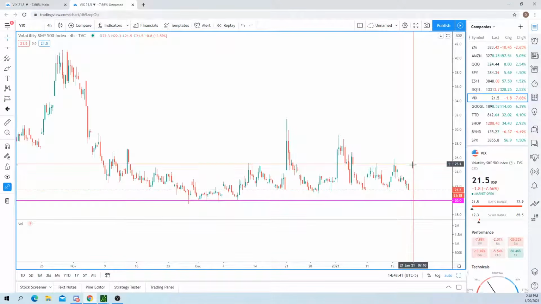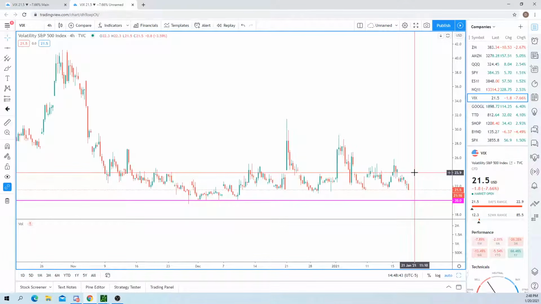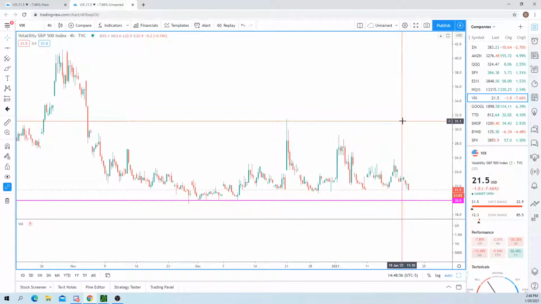Because VIX just breached that trend line, I believe that the VIX will come down to 20. If it finds support at 20, I'm expecting a pretty decent sized bounce, and as a result, I feel as though ES will find a top at that point.